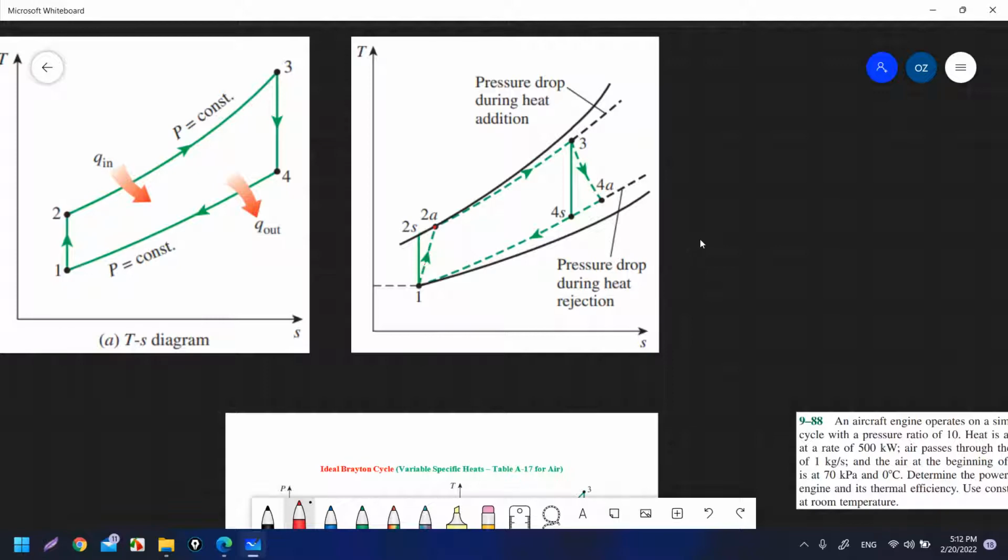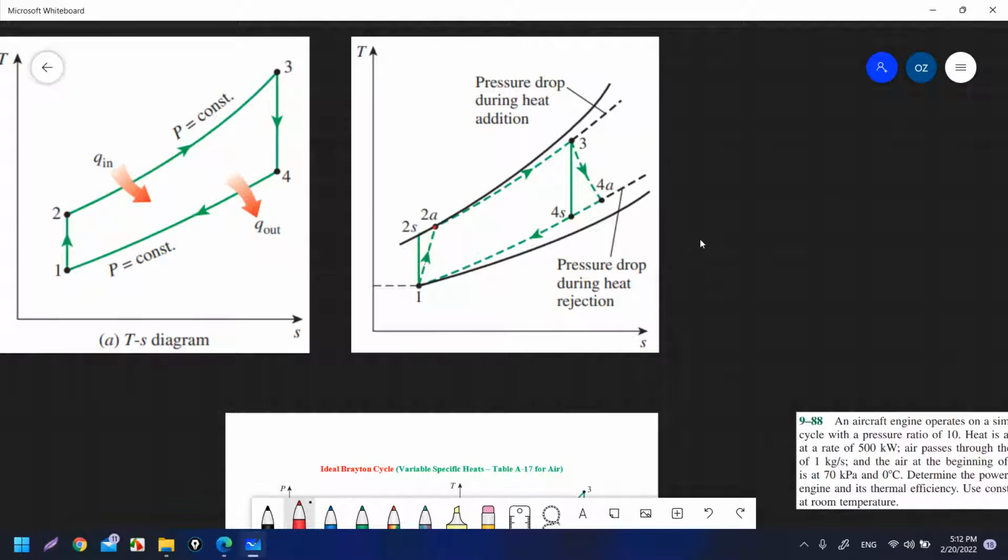Usually in an ideal cycle we call it 2, but when we have an actual cycle we need to put a subscript 2S. That's why from the beginning I said let's always put S for the ideal cycle, and here also at state 4 it will be 4A.